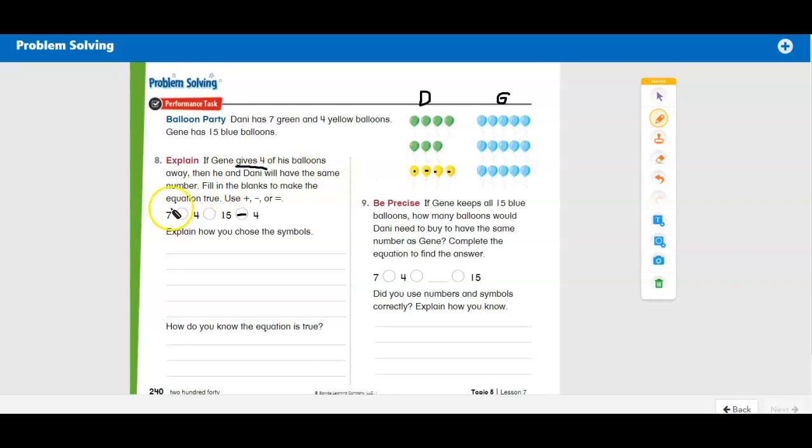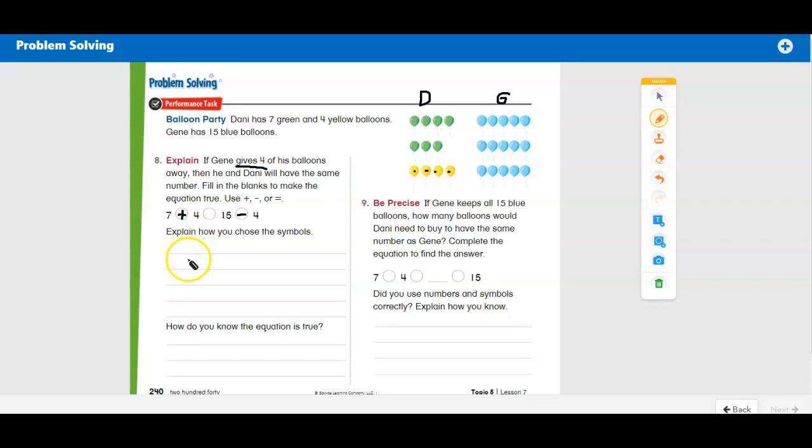So for 7 and 4 to get 11, would we put a plus sign, a minus sign, or an equal sign? If we have 7 and 4 and we need to make 11, would we add, subtract, or put an equal sign? We would put a plus sign because we're adding together 7 plus 4 to get 11.